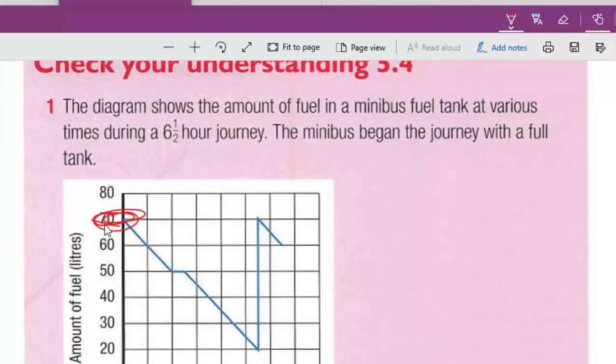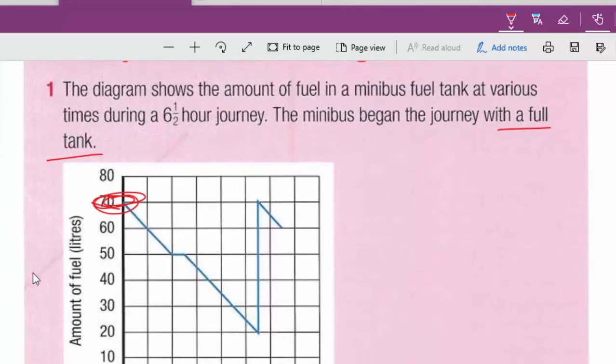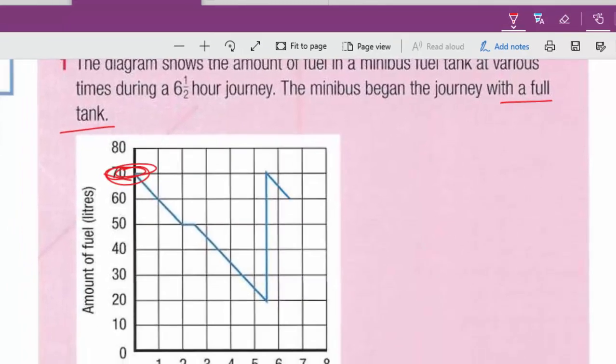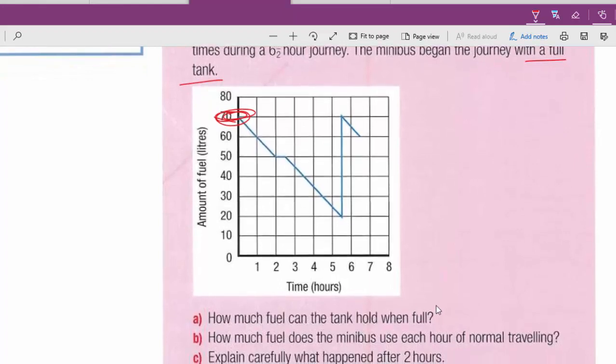It means the capacity of the full tank is, how much fuel can the tank hold? 70 liters. The bus can hold 70 liters.